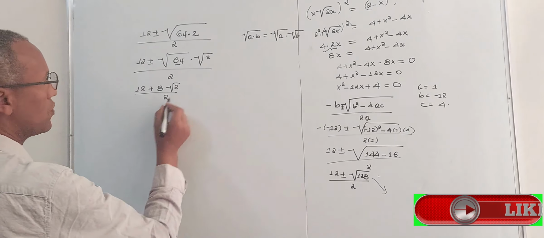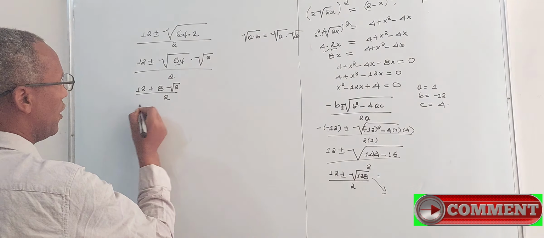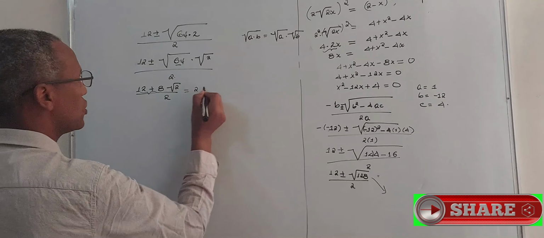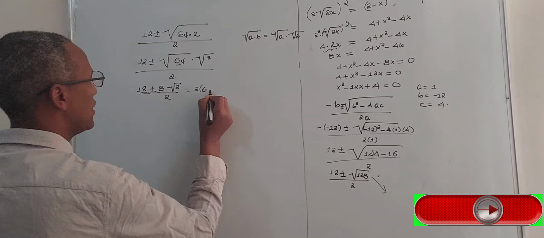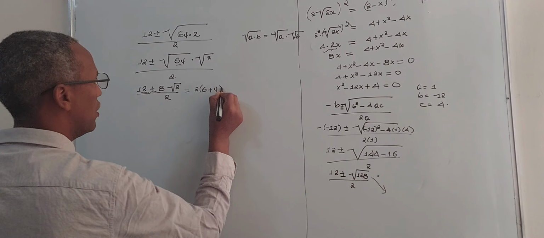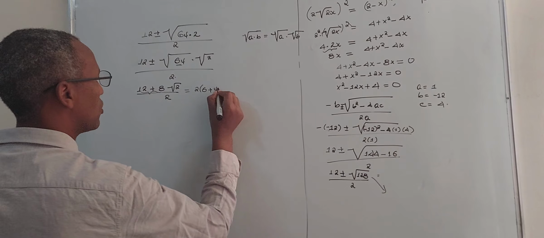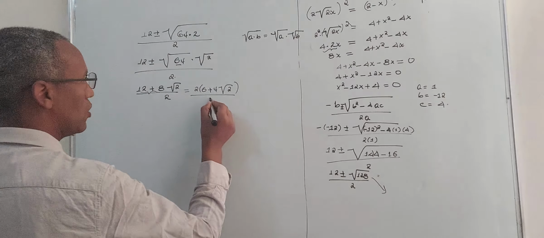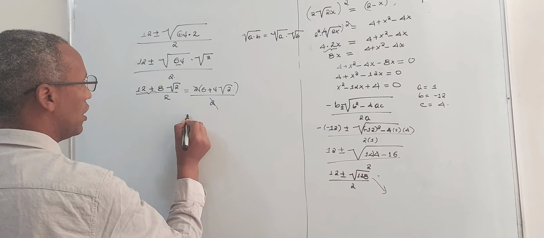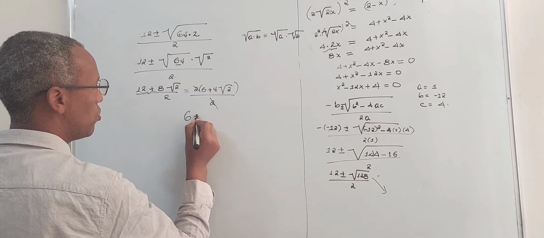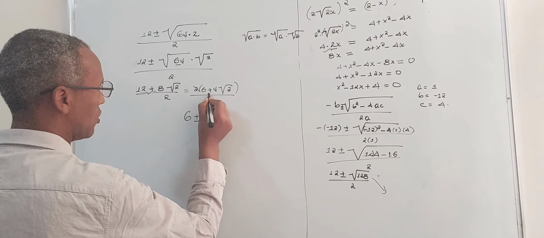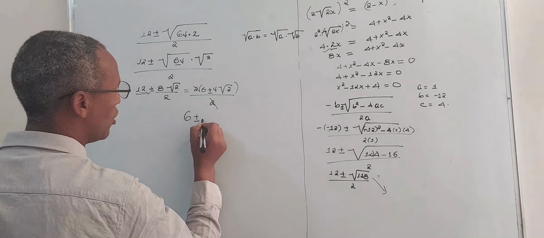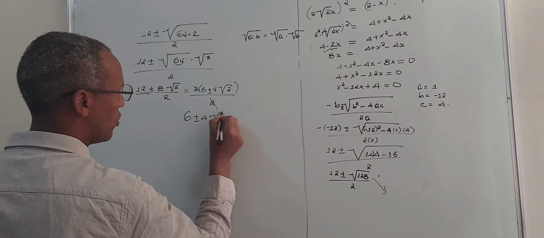So from here, you can factor out these terms: 2, open the bracket, 6 plus or minus 4 square root of 2, over 2, right? So you can cancel this 2 with this 2, and you will get 6 plus or minus 4 square root of 2.